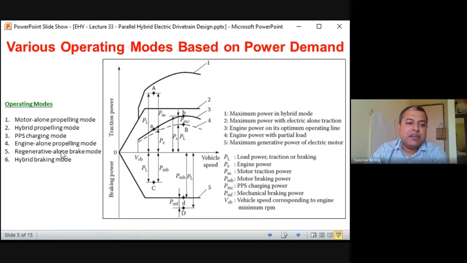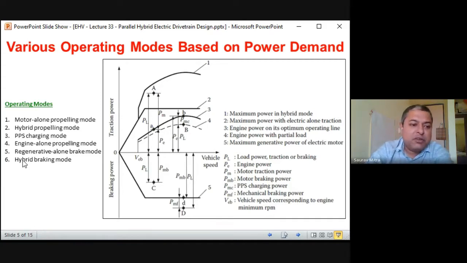So you are finding there are four brake modes. In regenerative alone brake mode, whatever is the braking, it is being produced by the electric braking. The electric motor will go into brake fashion and that will produce this regenerative braking. In hybrid braking, whenever the word hybrid is coming, it is mechanical plus electrical.